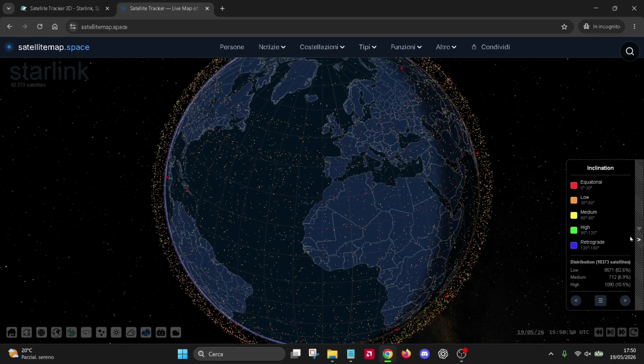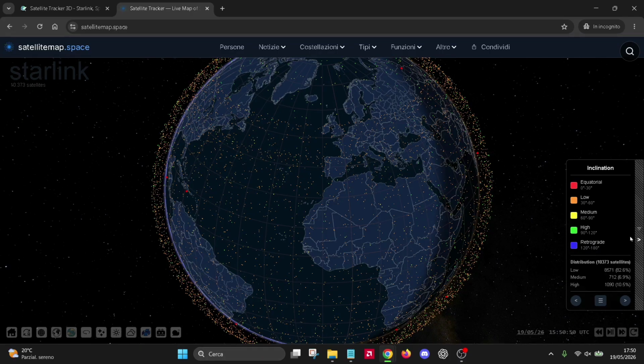Large constellations are designed to provide global internet coverage, remote sensing, and communications services. Starlink is the most prominent example, but many other systems are expanding as well. This shift represents a fundamental change in how space is used.